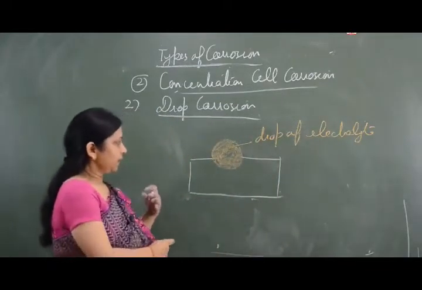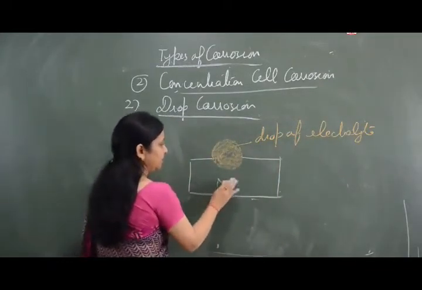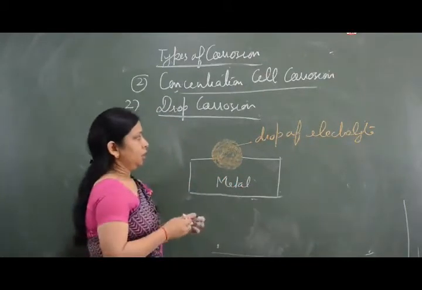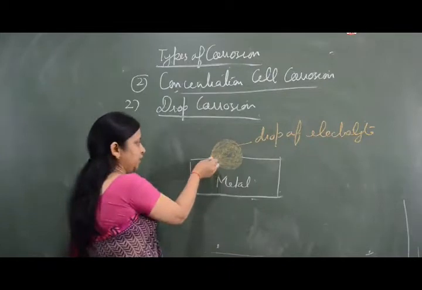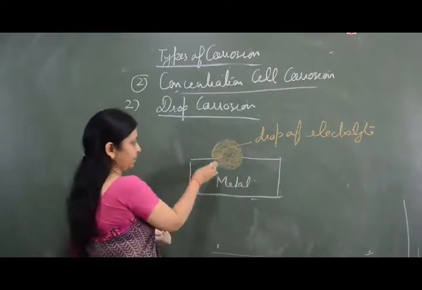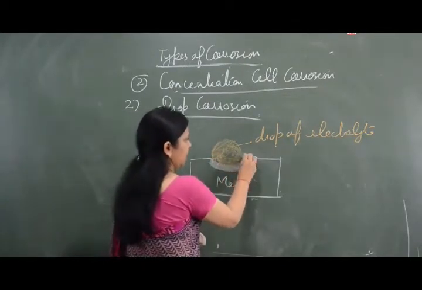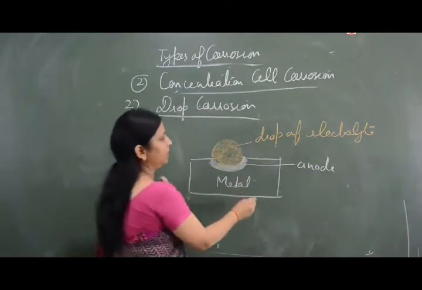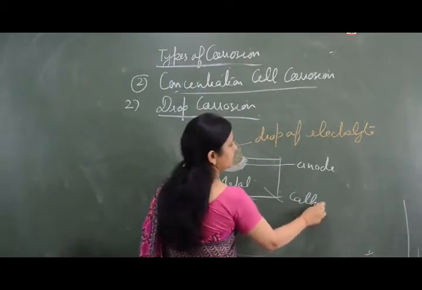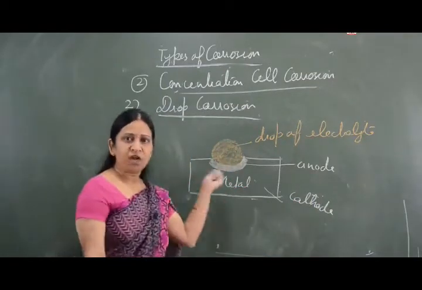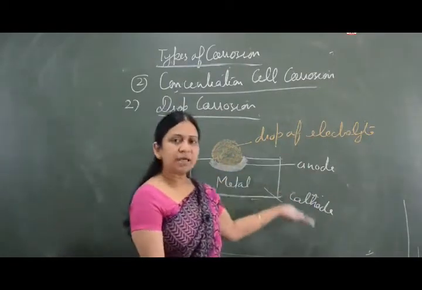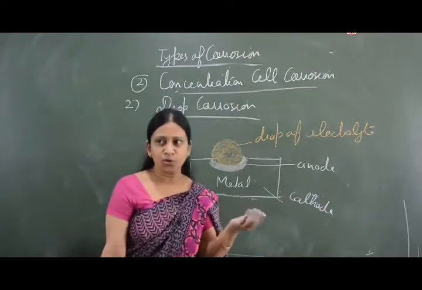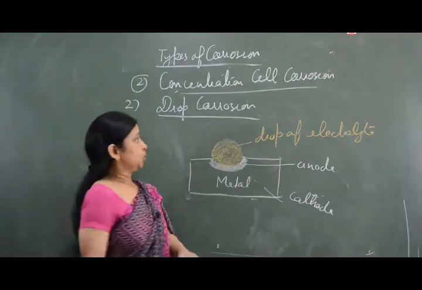So this is metal. Now the portion of metal which is under this drop is going to act as anode, and the rest of the metal is going to act as cathode. So the reactions will be the same, and as the cathodic and anodic areas are separated, the metal undergoes corrosion. So this is drop corrosion.